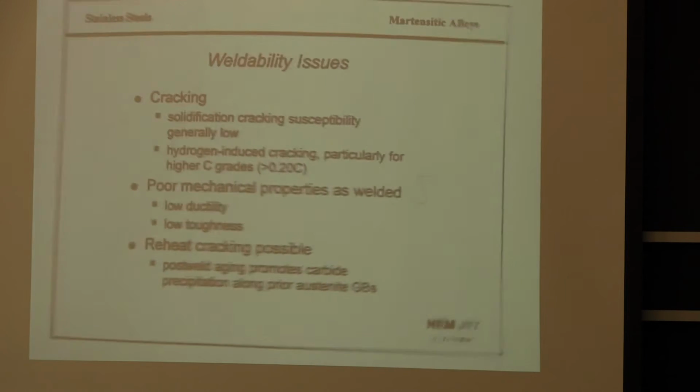So that is pretty much what I wanted to cover for the martensitic stainless steel alloys. So we'll switch gears a little bit and move over to the nickel-based alloys.